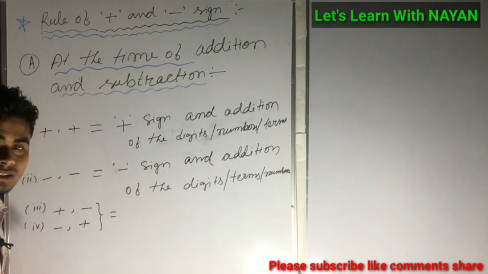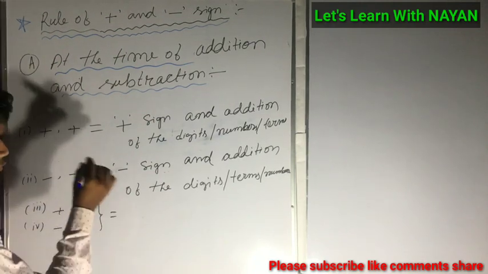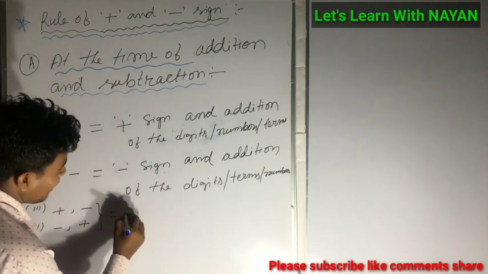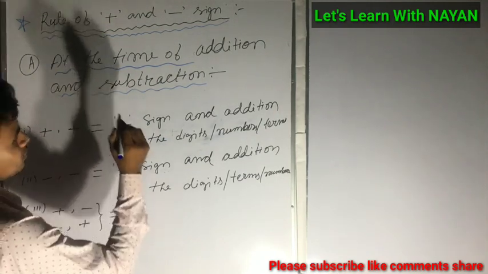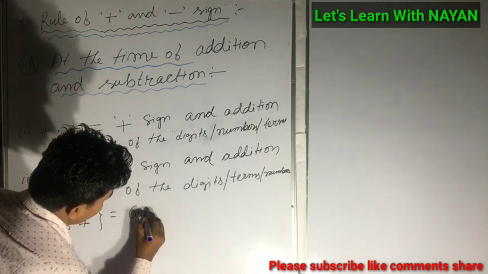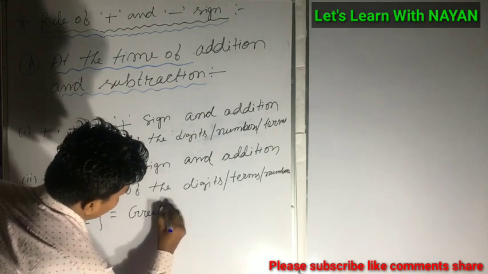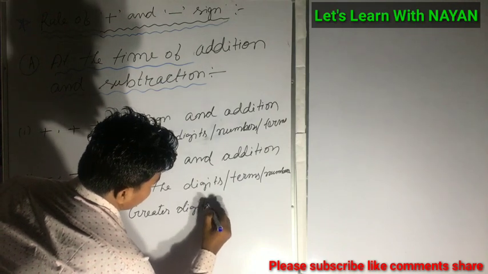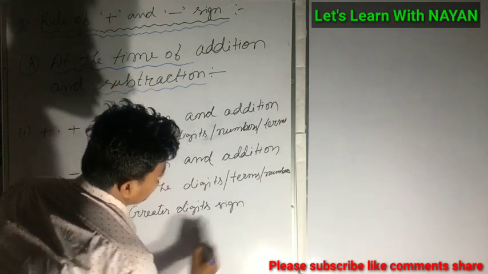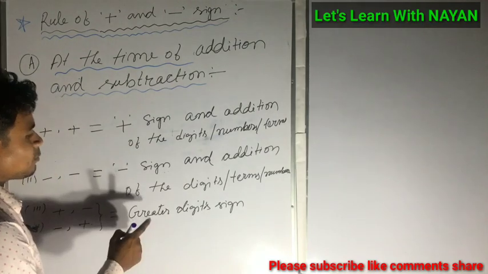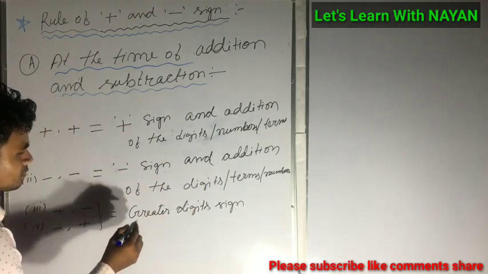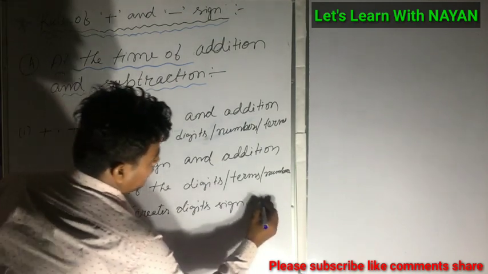If plus minus or minus plus is given in your sum, then we will always keep in mind that plus minus becomes the greater digit's sign. Plus minus becomes what? Greater digit's sign.